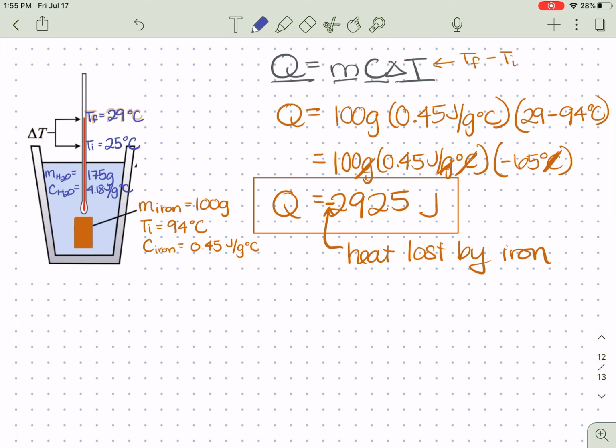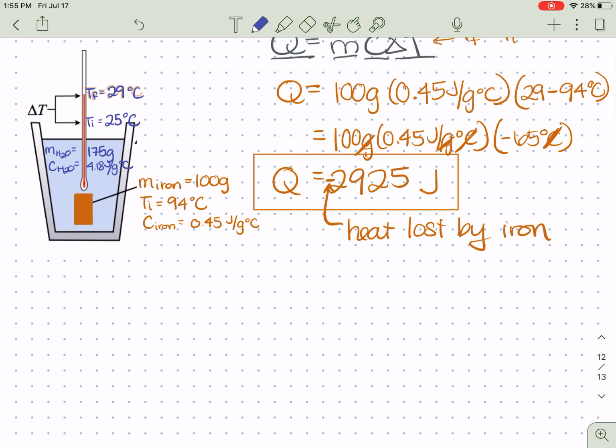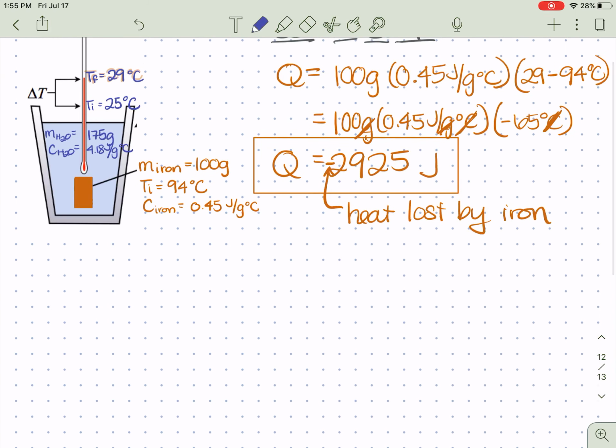So let's come down here and do that same thing, but now for the water. In this case, Q equals m, our mass of water, is 175 grams, times the specific heat of water, 4.18 joules per gram degrees Celsius.